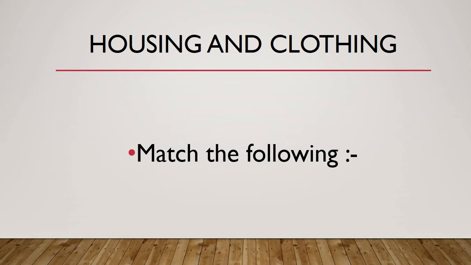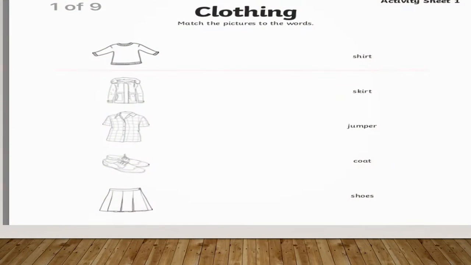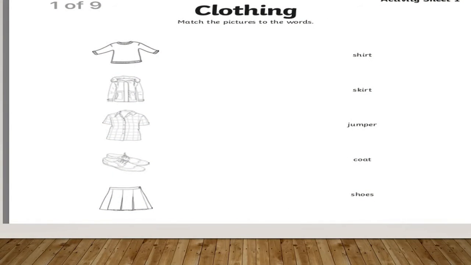We are going to start with match the following, and here is the picture in front of you regarding clothing. On the left hand side I have kept blur pictures of clothing to confuse you. See, the first picture is clear and the rest of them are not as clear as the first picture.